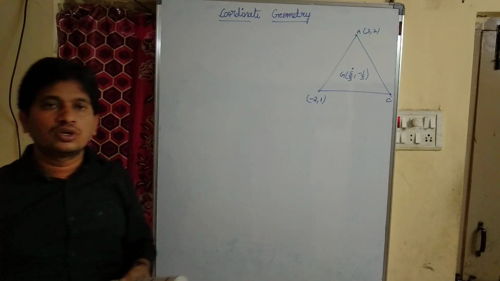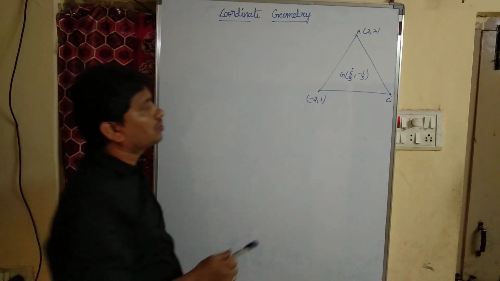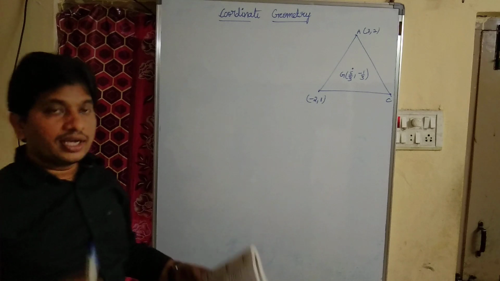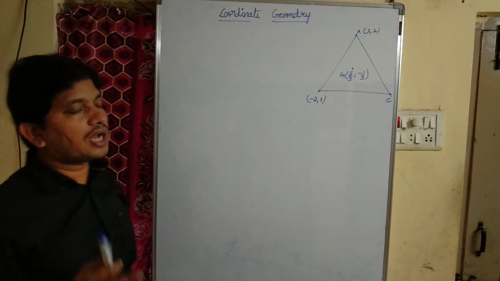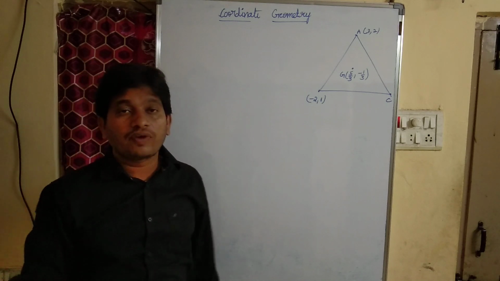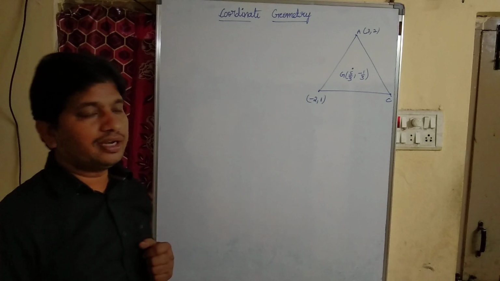What is the question? Two vertices of a triangle are 3 comma 2 and minus 2 comma 1 and its centroid is 5 by 3 comma minus 1 by 3, and they are asking to find the vertices of C, right?